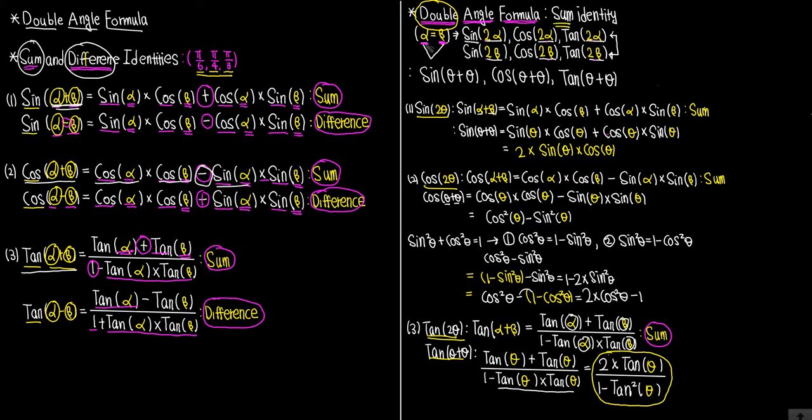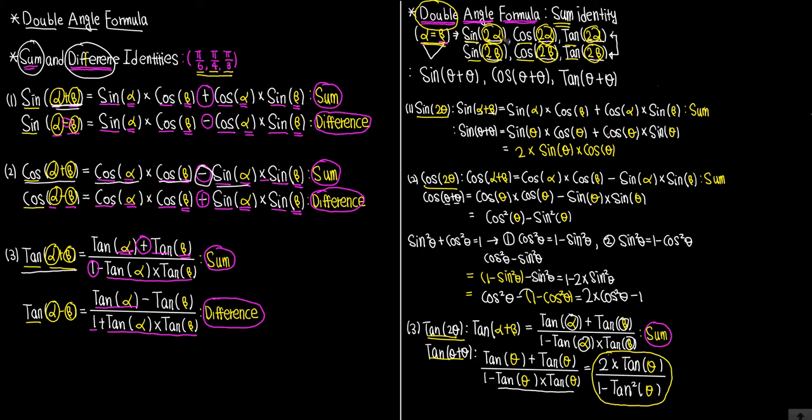And there is a restriction where alpha should be the same as beta. That means it can be replaced by 2 alpha or 2 beta, because that's the double angle formula for sine, cosine, as well as the tangent.